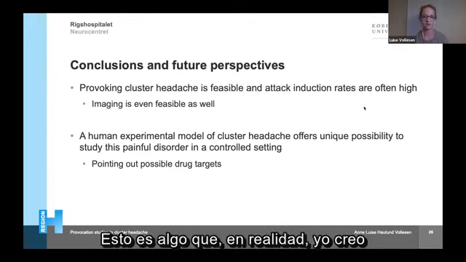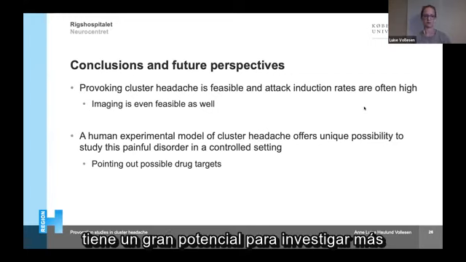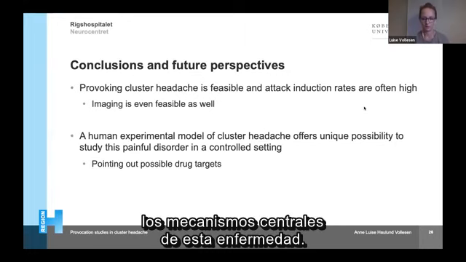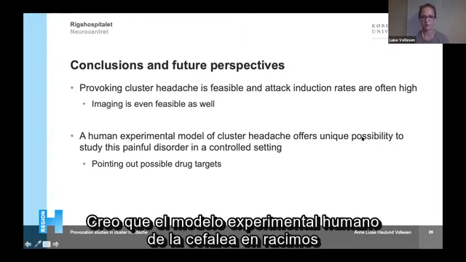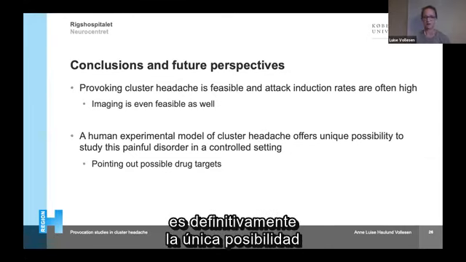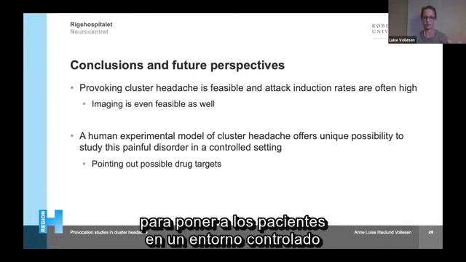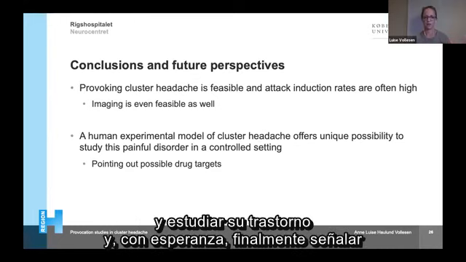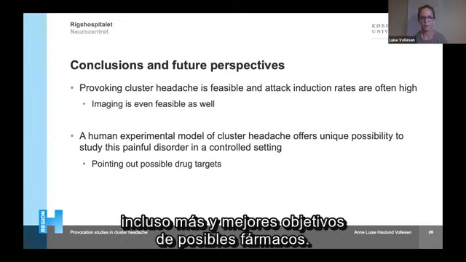But this is something that I think holds great potential to dive deeper into the central mechanisms of this disease. So I think the human experimental model of cluster headache is definitely a unique possibility to put these patients in a controlled setting and study their disorder, and hopefully eventually point out even more and better possible drug targets.